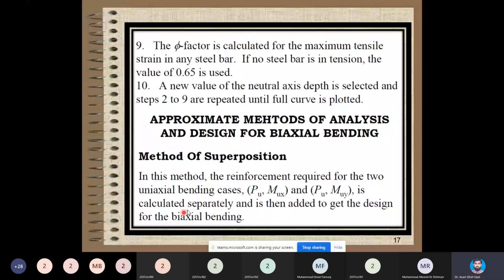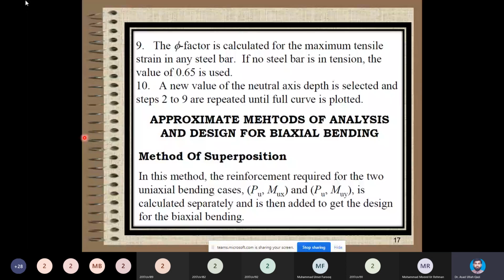All of them are very important for your design office practice and for your academic session, because if I ask you to go for an exact method, which is the strain compatibility method, then obviously you have to spend a lot of time, and finally designing the column may become very lengthy.